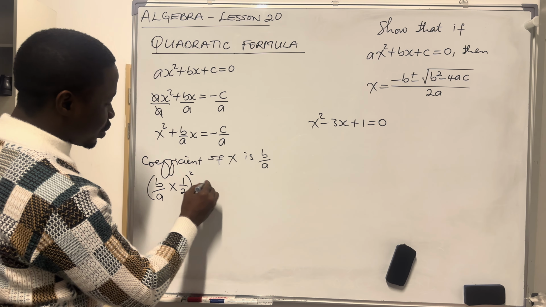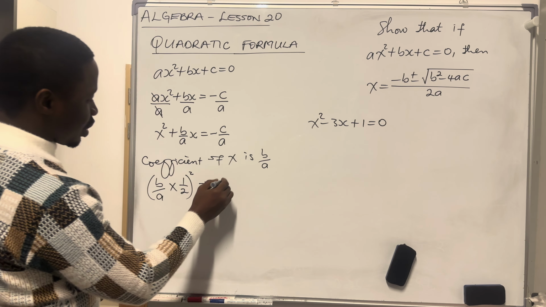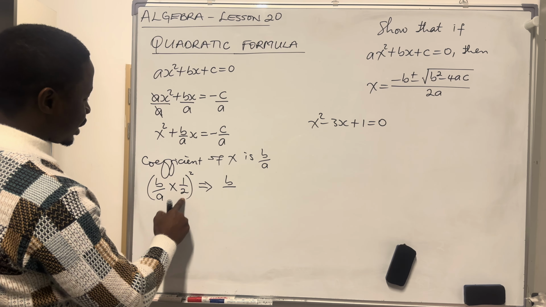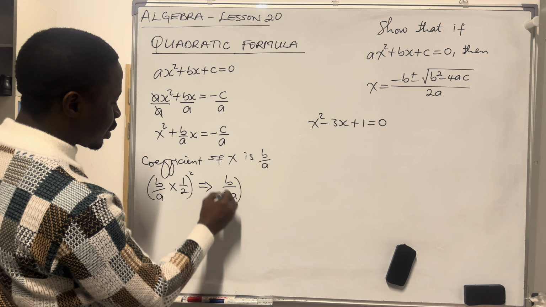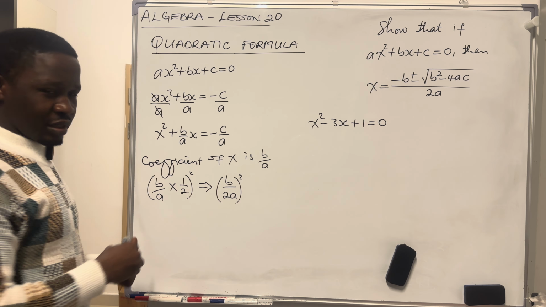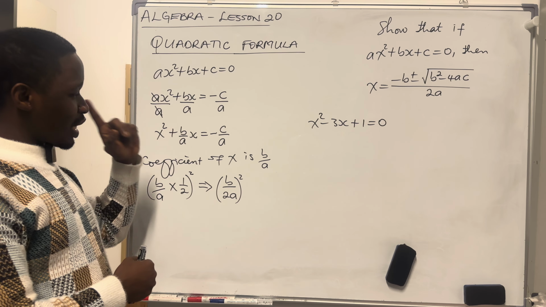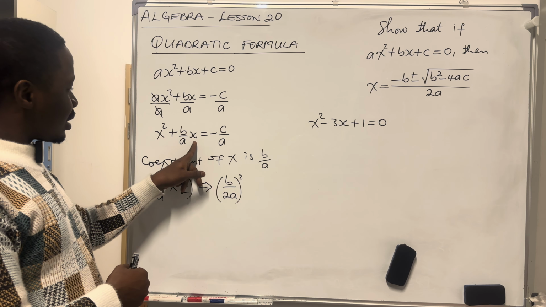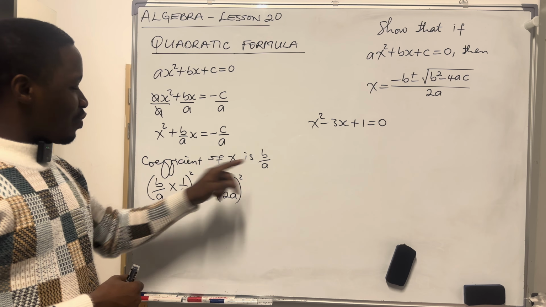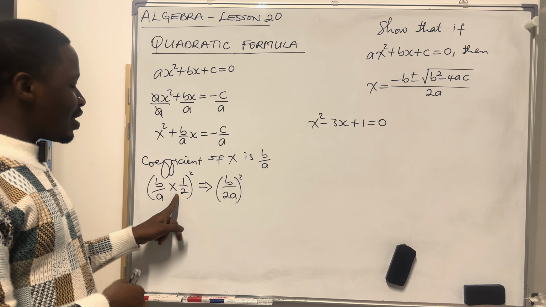So b times 1 is b, a times 2 is 2a. I hope you get it. The coefficient of x, not x squared, is b over a. This b over a, we multiply it by half.